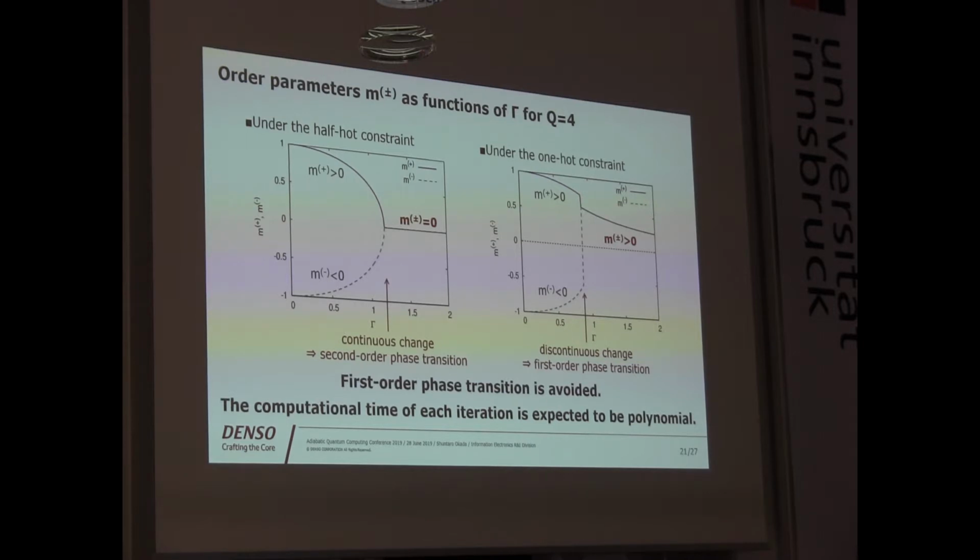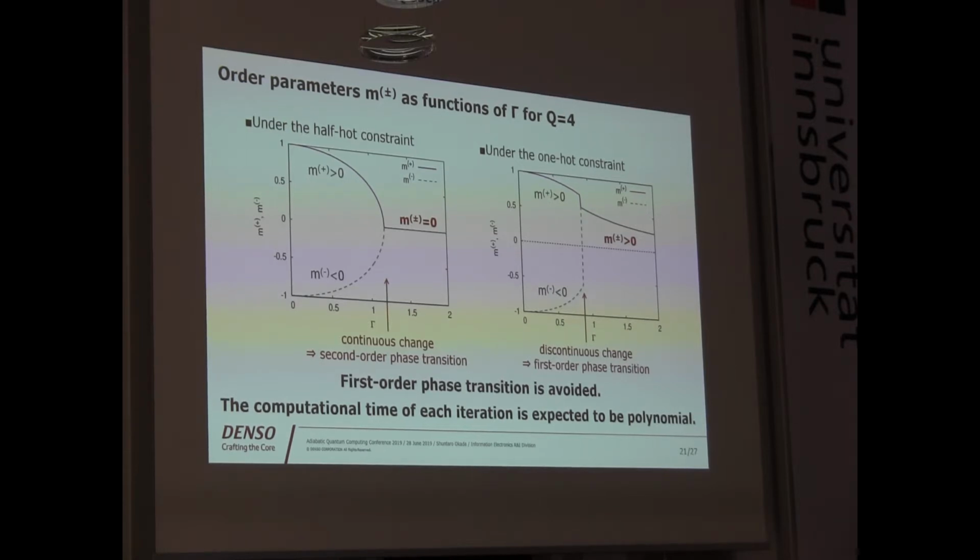These graphs show the ferromagnetic order parameters m± as functions of gamma for Q = 4 under the half-hot constraint and under the one-hot constraint. m± are not biased at a large gamma under the half-hot constraint, and they continuously change to the positive m+ and the negative m-, indicating the second-order phase transition.